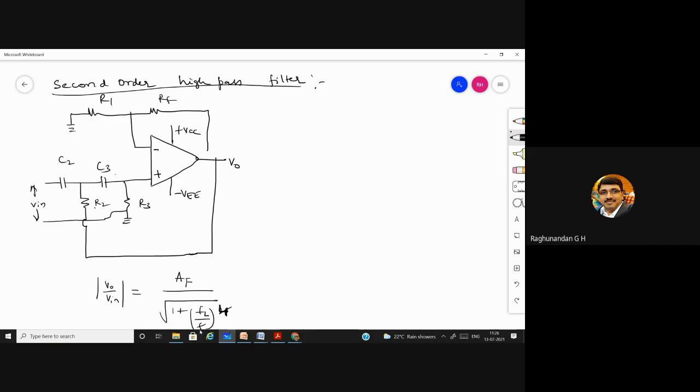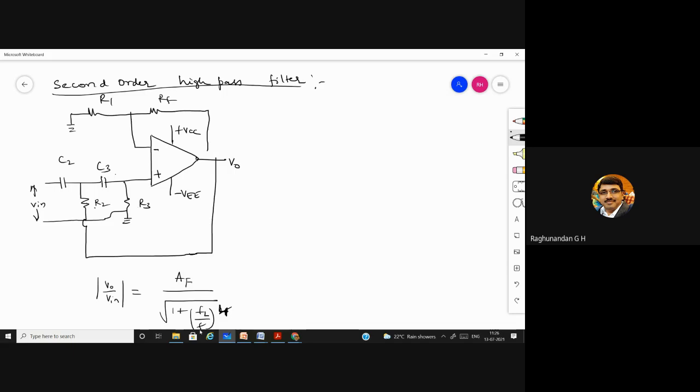There we have higher cutoff frequency and here we have the lower cutoff frequency, yes, that is obvious. And other than that, in the formula, there it is F by FH. Here it is FL by F.